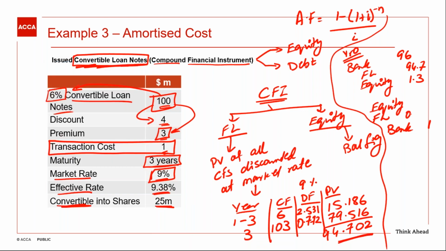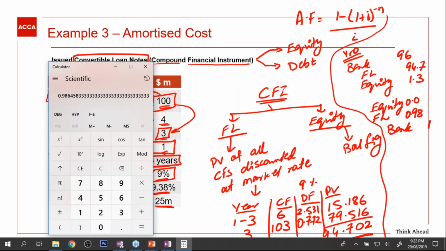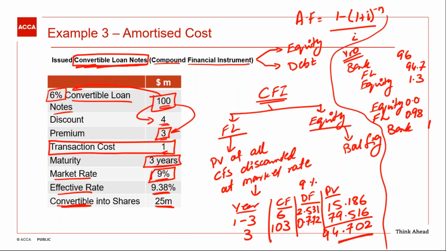So we can say 0.98, let's say, will be allocated to the liability, and let me check the exact value, it was 0.986. So let's call this 0.02. So 0.98 and 0.02 is what we have allocated to the liability and the equity.